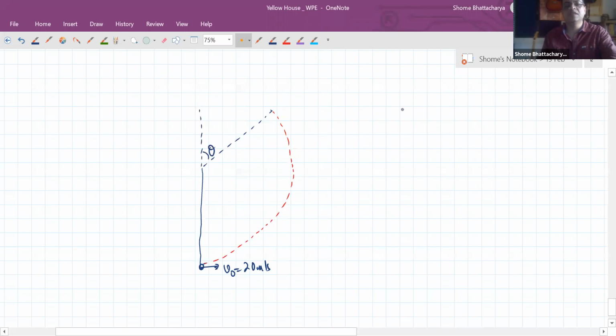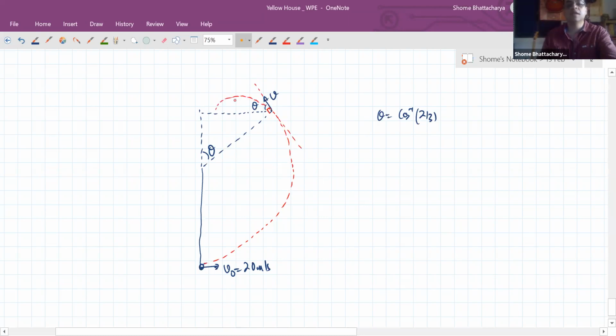Where this has cos inverse 2 by 3, and at that point of time the particle has a speed v like this. So this speed v will also be at an angle of theta to the horizontal, which is the same, because after all this is the tangential direction, so it is at 90 degrees with respect to the radial direction. Okay, so from this point onwards the motion is projectile motion.